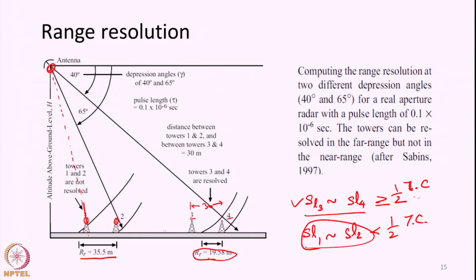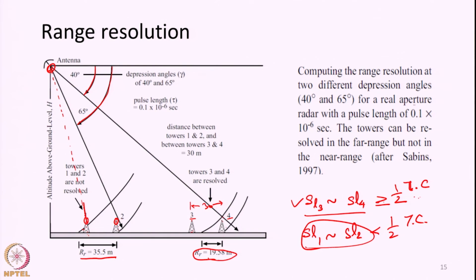In this example we have four towers: 1, 2, 3, 4. For measuring towers 1 and 2, the depression angle is 65 degrees, which means they are in the near range. For towers 3 and 4, the average depression angle is 40 degrees.